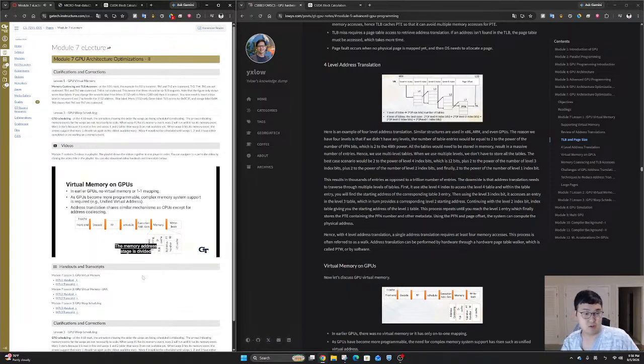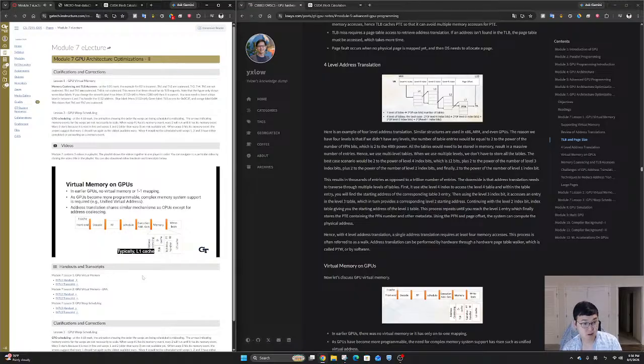The memory address stage is divided into address coalescing and TLB accesses. If a TLB miss occurs, the page table walker retrieves a new page table entry, or the TLB miss handler manages the TLB misses.